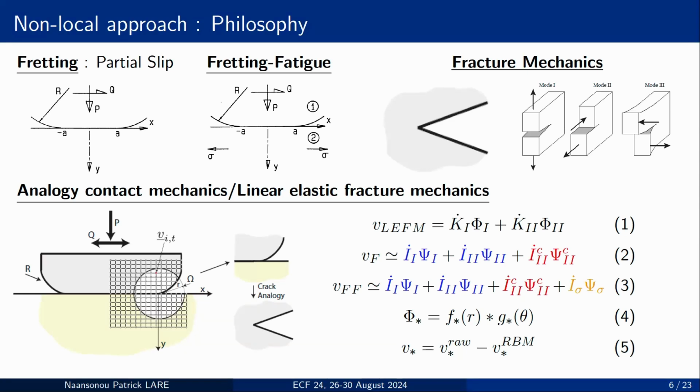So for the contact, as we have partial slip, we add this term. And when we have fatigue, we add a term to take into account the fatigue effect. So this is the non-local approach. We just use fracture mechanics quantities to describe what happens close to the contact tip or contact edge.